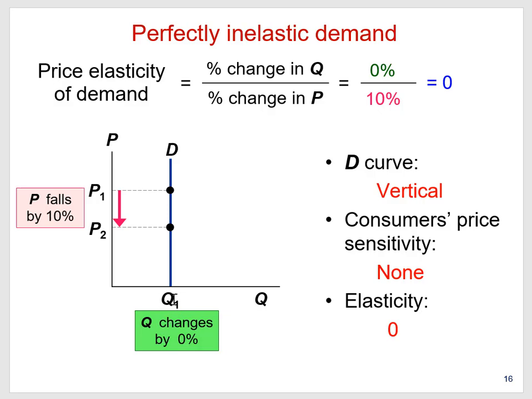The quantity is always fixed no matter how the price changes. The consumer is, in other words, not sensitive to prices. They would have to buy that minimum amount at least. So elasticity as a result is equal to 0. The denominator can be 100%, 200%, but the numerator will always be 0%. So as a result, price elasticity of demand will be 0.